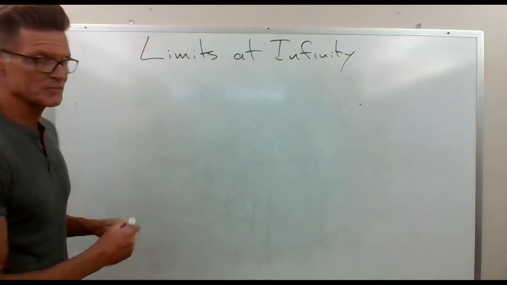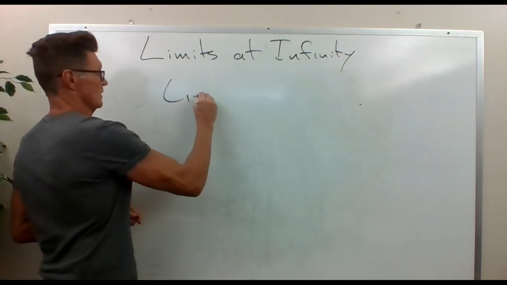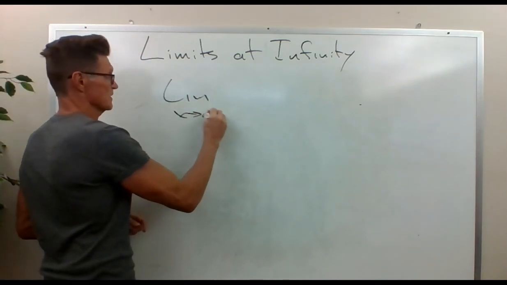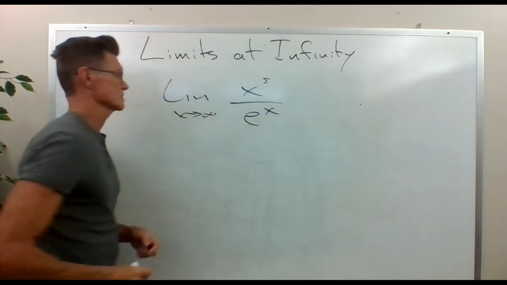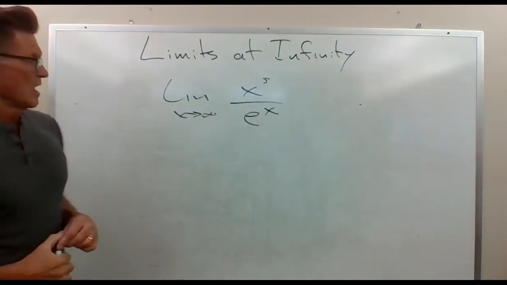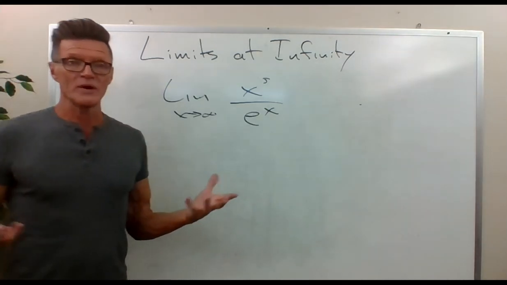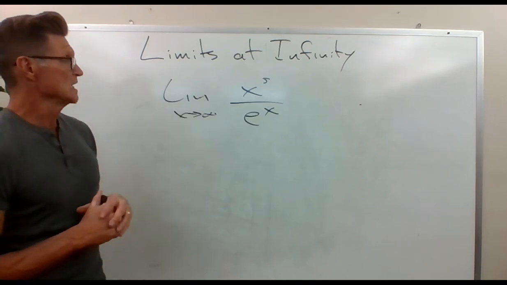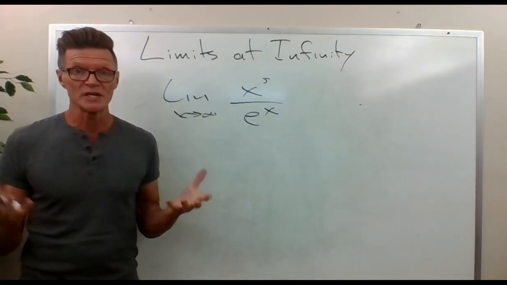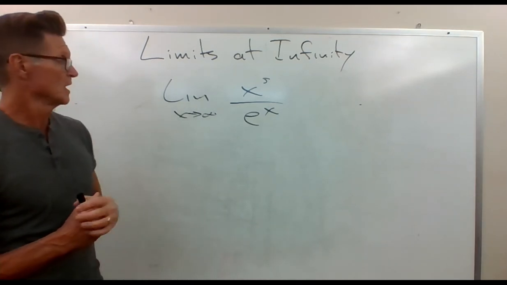So what if we have the limit as x approaches infinity of x to the 5th over e to the x? Well, coming up with an analytical way of doing this is somewhat difficult, right? So probably what we would do is L'Hopital's rule.